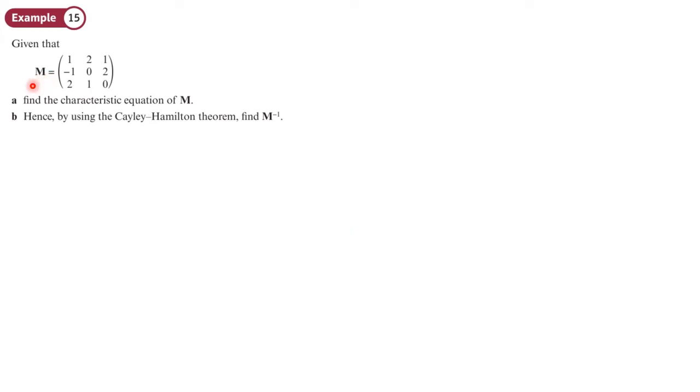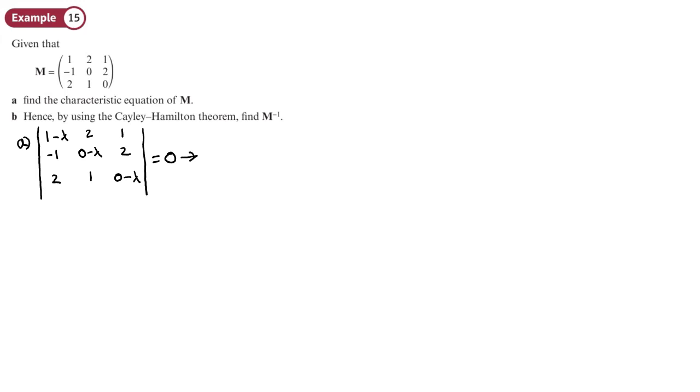Okay, so part A of this question asks us to find the characteristic equation of M, that's this matrix here. So the characteristic equation is going to be the determinant of this matrix, the 2 lines tell us it's the determinant. So we just put minus lambda along the leading diagonal. So here we go. And that's going to equal 0.